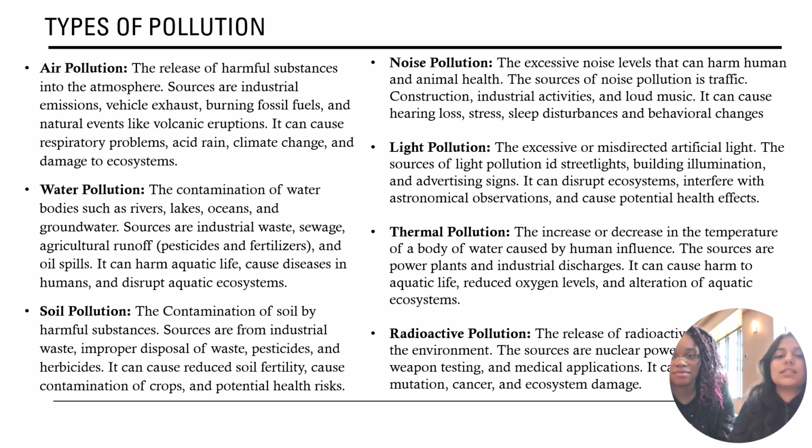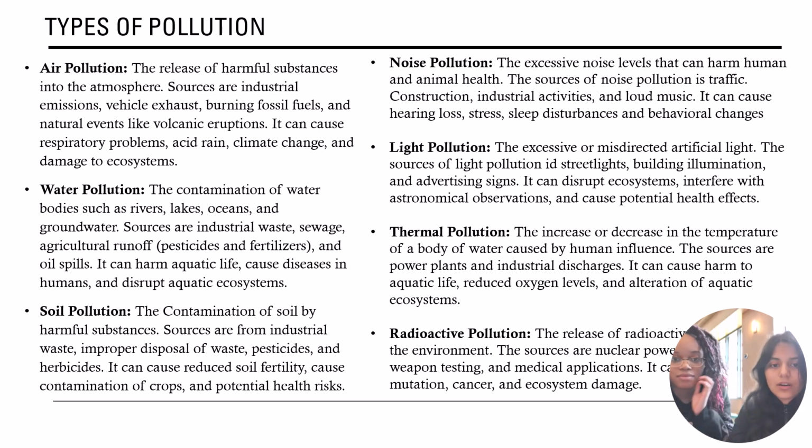We have light pollution, the excessive or misdirected artificial light. The sources of light pollution are street lights, building illuminations, and advertising signs. It could disrupt ecosystems, interfere with astronomical observations, and cause potential health effects. We have thermal pollution, the increase or decrease in the temperature of a body of water caused by human influence.